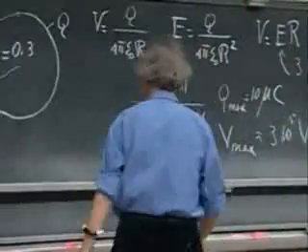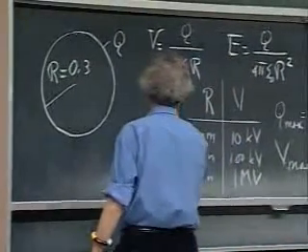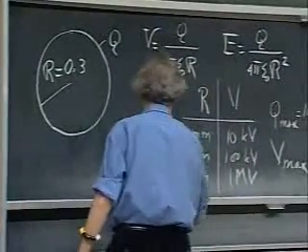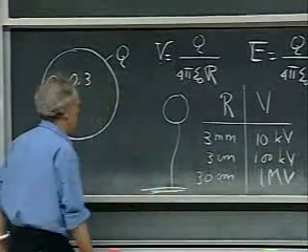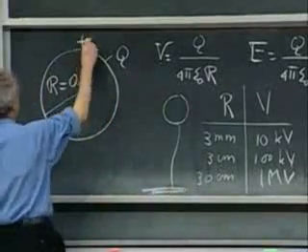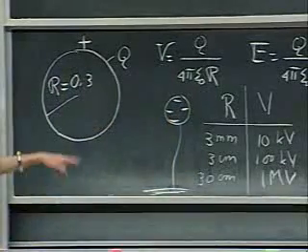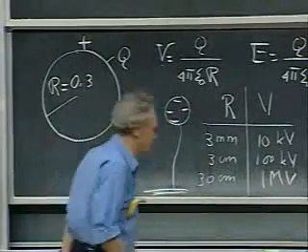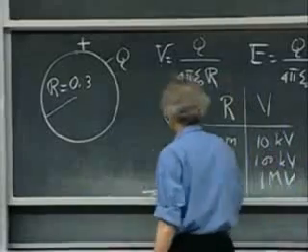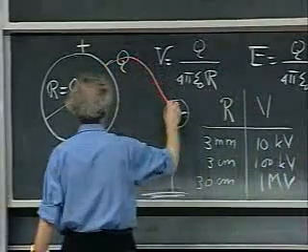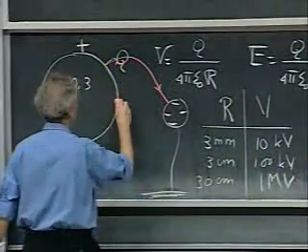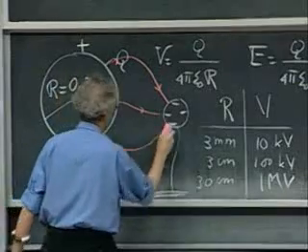If here's my Van de Graaff, and I approach it with a sphere which is connected to the Earth, and if this Van de Graaff has positive charge on it, then this sphere will become negatively charged through induction, and so you get field lines which go from the Van de Graaff to this object, always perpendicular to the equipotentials. So they go like this.